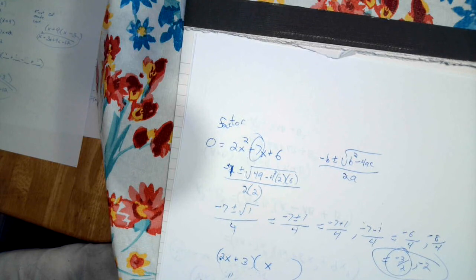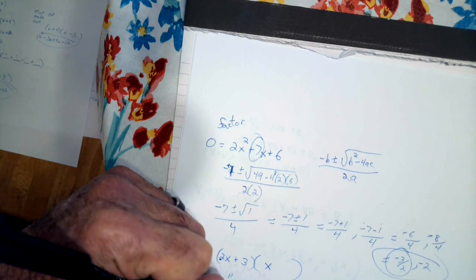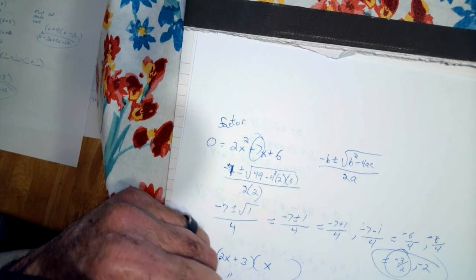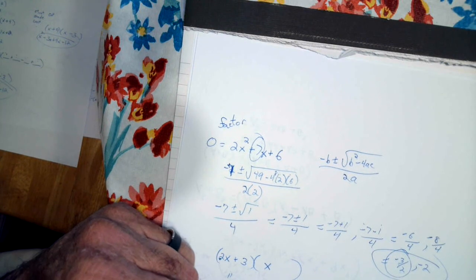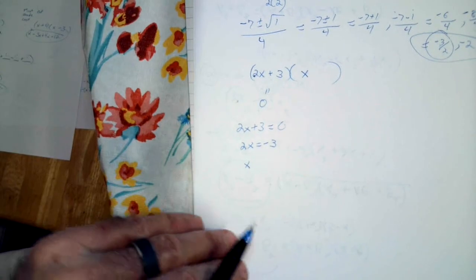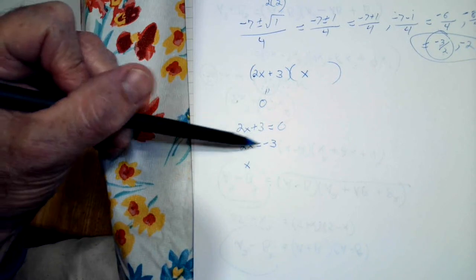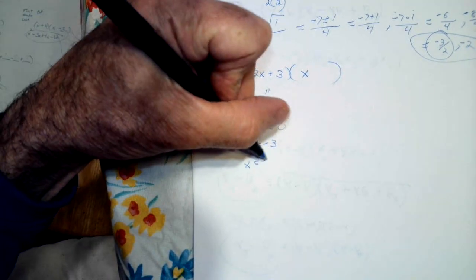As I'm saying, this equals 0. Because what's 2x plus 3? If that equals 0, well, subtract 3 from both sides. I get 2x equals negative 3, and divide both sides by 2. Let's try this again. If I said this was equal to 0, 2x plus 3 is 0, 2x equals negative 3, x equals negative 3 halves.